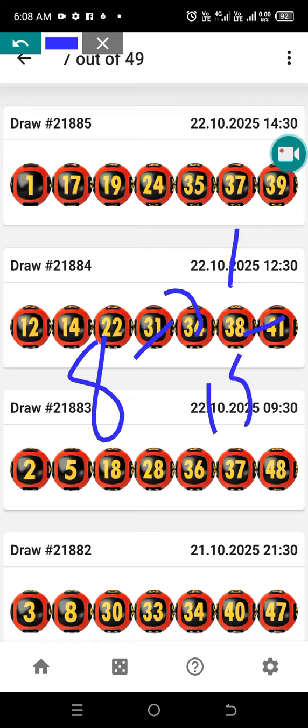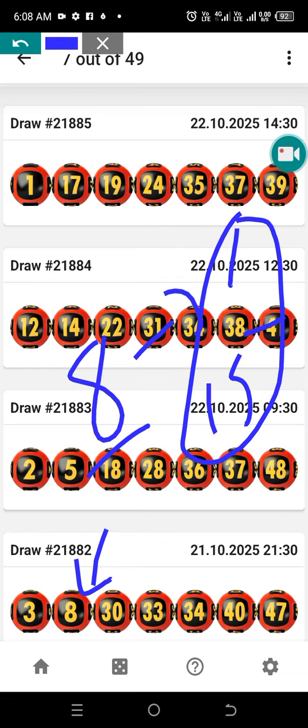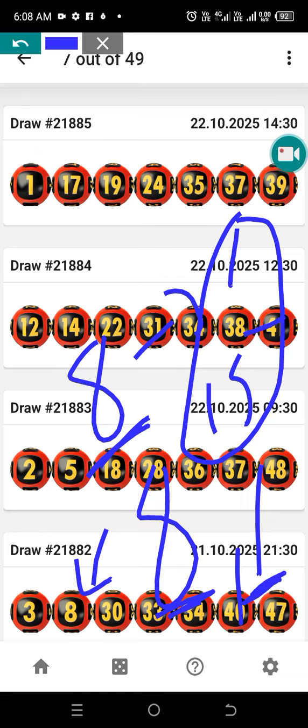So if you want, because 8 played, you just play 1 and 15 as well. After 2 draws, 3 draws, you come back with your 8. So every number that comes from the previous draw is still going to play. Because 81 as well, when you split it, we have 1 and 8. You see that? We have 1 and 8. So that is the reason.